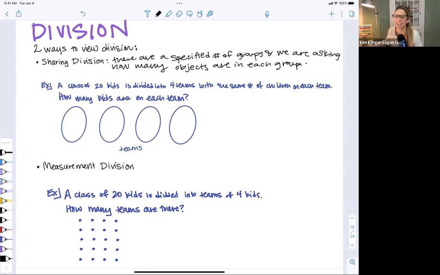Here's an example of this sharing division. I have 20 kids, and they're divided into 4 teams with the same number of children on each team. I want to ask how many kids are on each team. So I start by thinking about the teams, and one kid walks to each group.